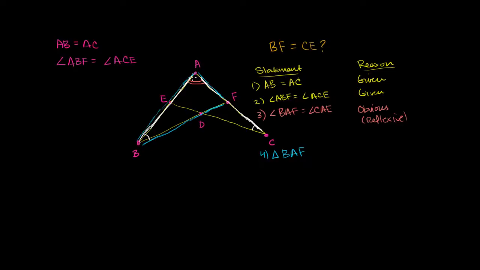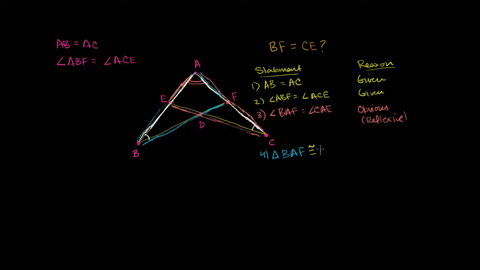So triangle BAF, we now know, is going to be congruent to triangle CAE. We start at the white angle, go to the orange angle, and then go to the unlabeled angle. So this is kind of a messily drawn version, but I think you get the idea. These two triangles are going to be congruent.